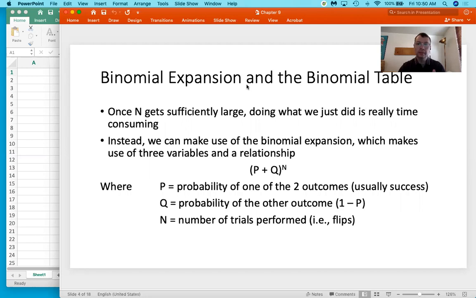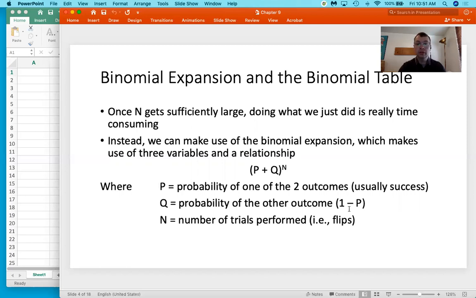I'm going to skip over this, and the book talks about some various terms that we can use. The reason the binomial distribution is called the binomial has to do with the actual computation of probabilities, which comes from the binomial expansion. It is important to recognize that in any binomial problem, we have two probabilities: probability P, which is the probability of one of the outcomes of interest, and Q, which is the probability of the other outcome.